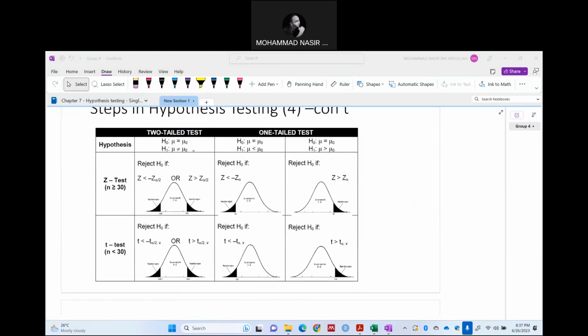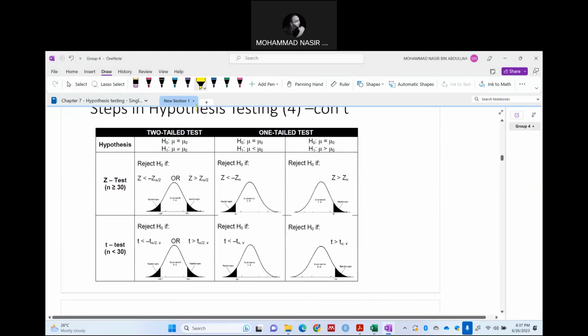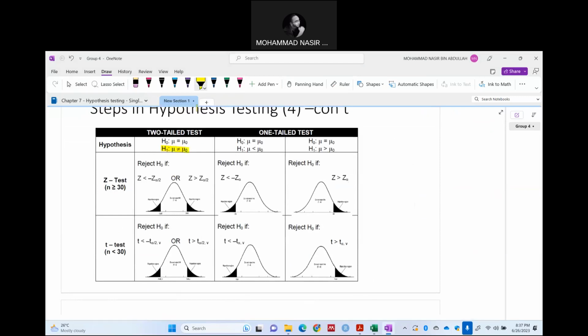I already explained just now: if you have a 2 tail test, then the alternative hypothesis will be not equal, so we are going to have 2 rejection areas. When we have less than mu naught, it should be on the left. If you have more than mu naught, it should be on the right. So this is a 1 tail test.